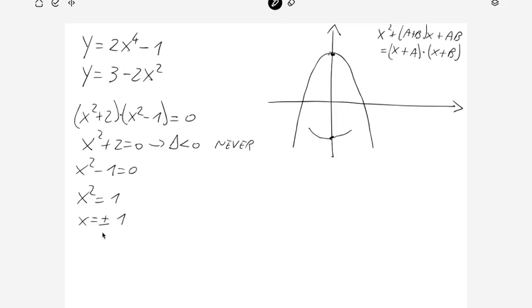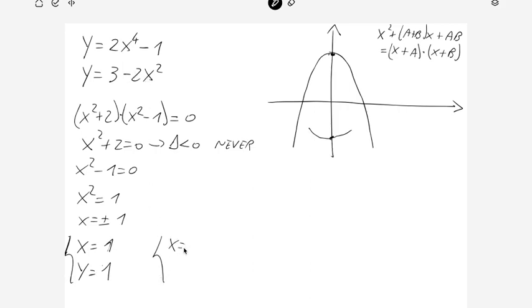So, when x is equal to plus or minus 1, these two functions meet each other. x equal to 1 means y equal to 3 minus 2, so 1, if we substitute here.